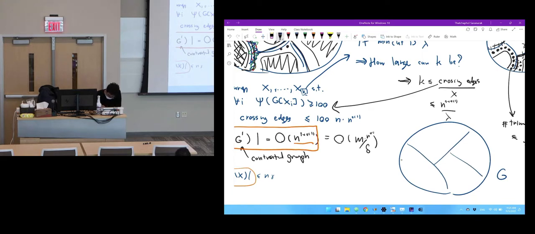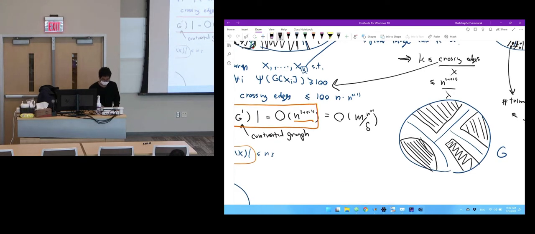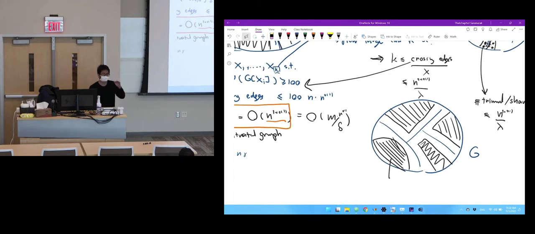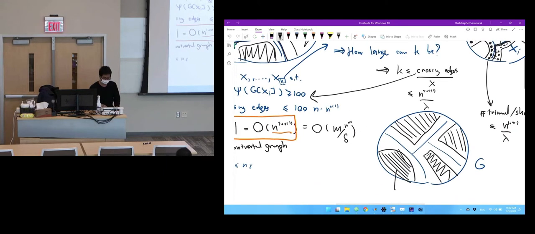Then in graph G prime, there will be this node that you contract, let's call this part a supernode. The number of supernodes is at most the number of expander clusters, so it's at most k, which is n over lambda. So that's fine, you bound the number of supernodes.